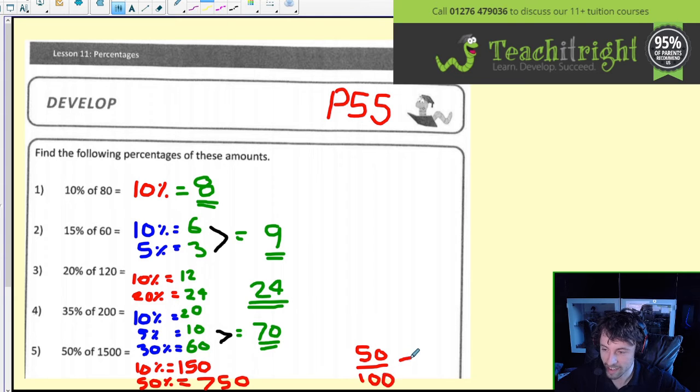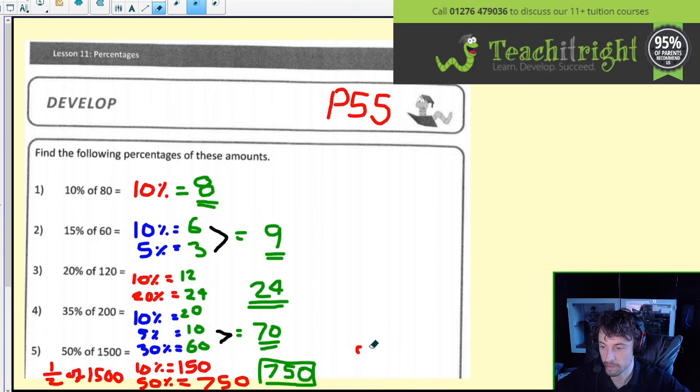And if you look here, what does that simplify down to? It simplifies down to half. So what we've actually done here is work out half of 1500. So if you chose to, you could have equally done half of 1500, which also equals, final answer, 750. However you got there is perfectly correct.